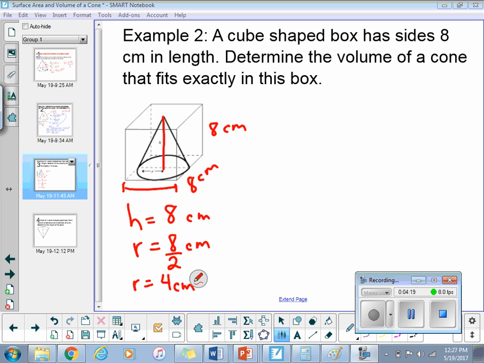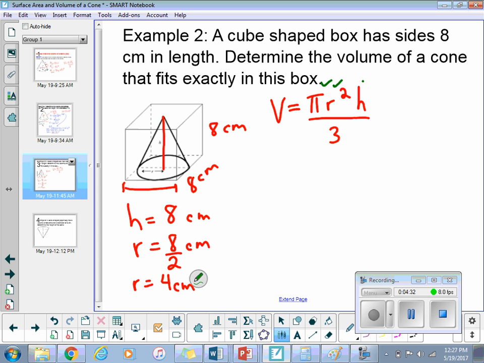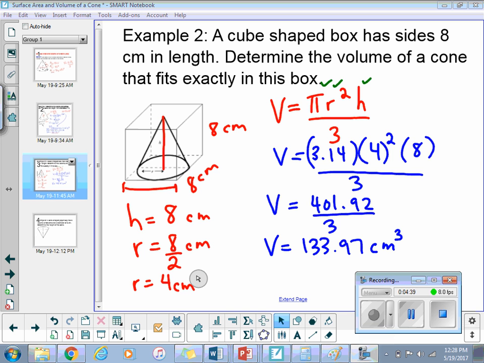And really, that's all you need for the volume, because volume is equal to pi r squared times h over 3. We know what pi is, we just figured out r, we figured out h, so all we have to do now is plug everything in. So go ahead and do that and come back and check. Plugging everything in gives you about 134 centimeters cubed.